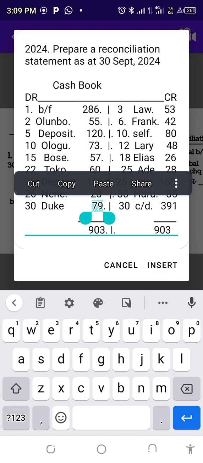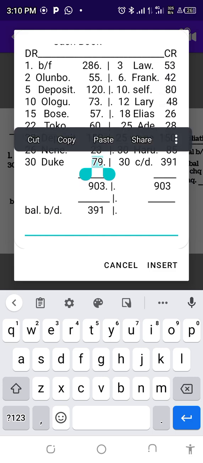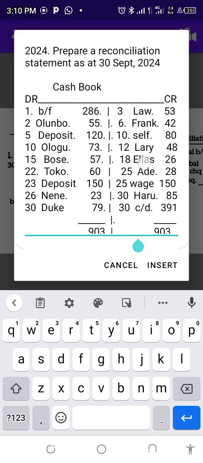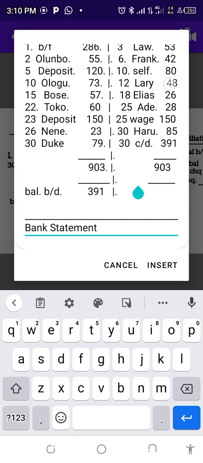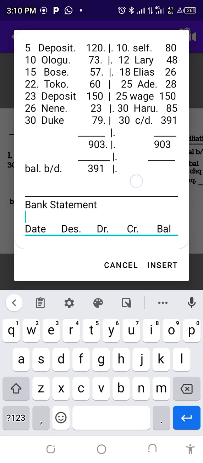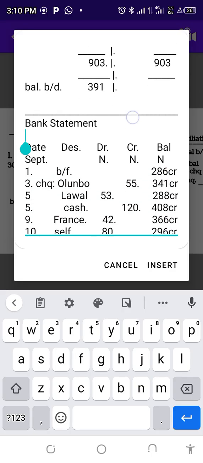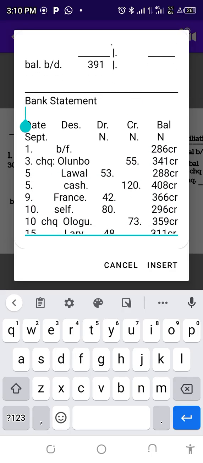And every transaction that is in the credit side that is not found on the debit side of the bank statement represents what? Unpresented cheque. So let us go and trace them. Now we have 53 there. The first one is 53. 53 is there. Then the next one there is 42, Franc. 42 is there, Franc also.